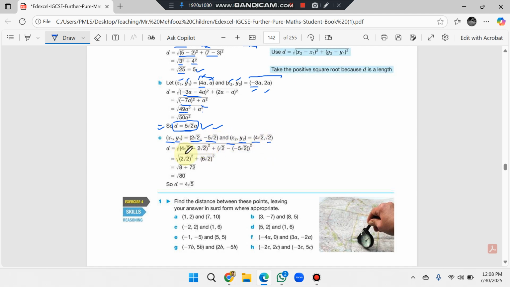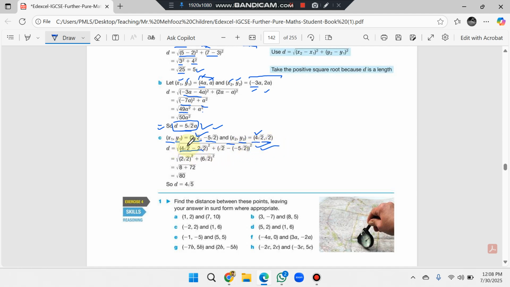We can use the distance formula, that is x2, 4 square root of 2, minus x1, that is 2 square root of 2, right? Again, y2, that is simply square root of 2, minus y1, that is minus 5 square root of 2. So it becomes minus times minus 5 square root of 2 whole square, and the square root is as it is. Okay.